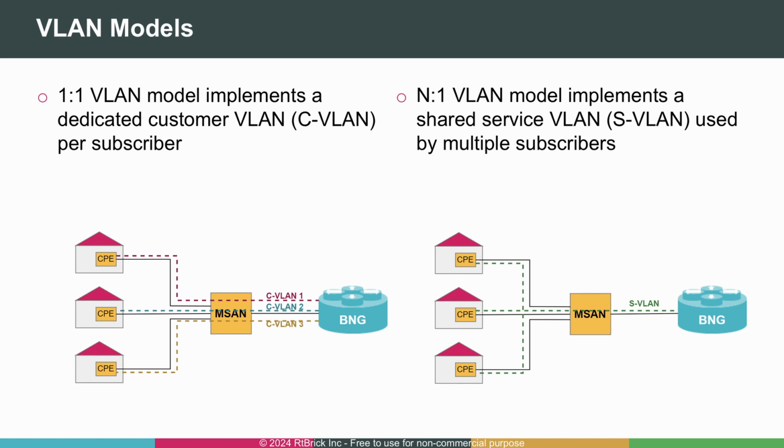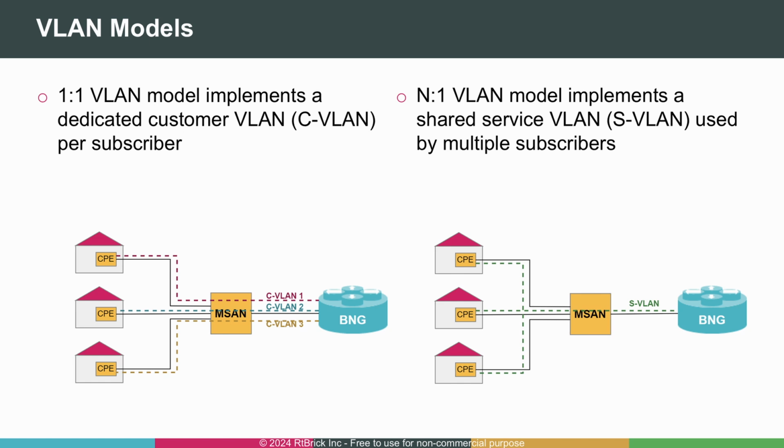In the one-to-one VLAN model, each subscriber is assigned a unique customer VLAN, or CVLAN, which carries all the traffic for this customer. This provides a direct one-to-one mapping between VLANs and subscribers. New services can be added easily without affecting others. The one-to-one model is recommended because it is simple and offers flexibility for features like backhauling, bitstream access, and QoS.